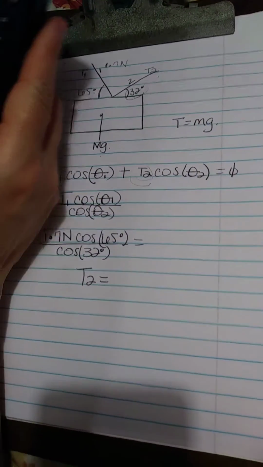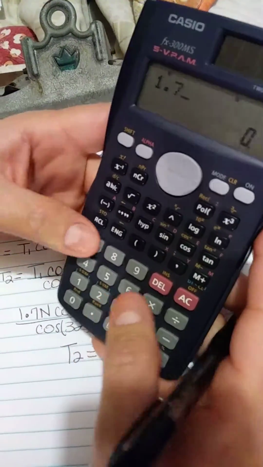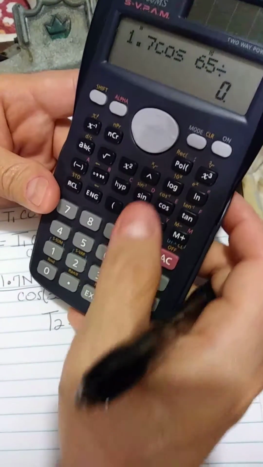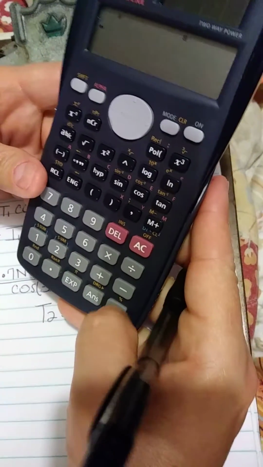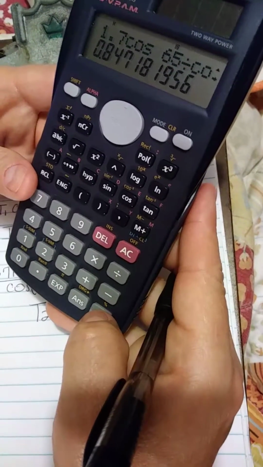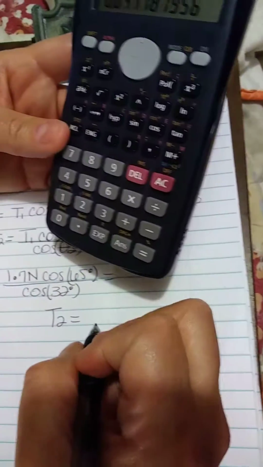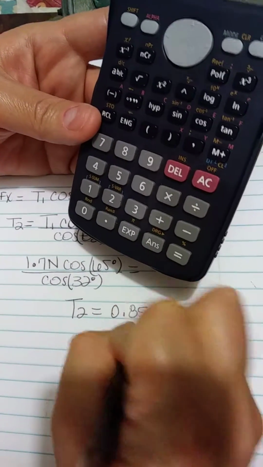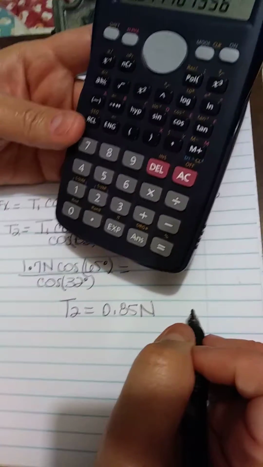We have to solve it in our calculator. Basically, we would put 1.7 cosine of 65 divided by the cosine of 32, and it's going to be 0.847181956. We'll go ahead and round that off to 0.85, and this is going to be newtons.